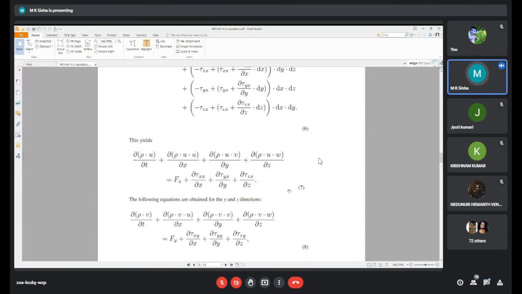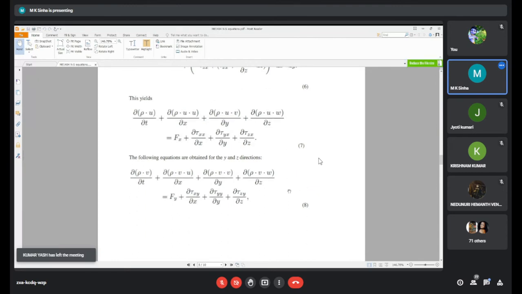That gives equation number 6: Fx plus del tau xx/del x plus del tau yx/del y plus del tau zx/del z. So this is equation number 7 for the x direction, which is why velocity u is written.